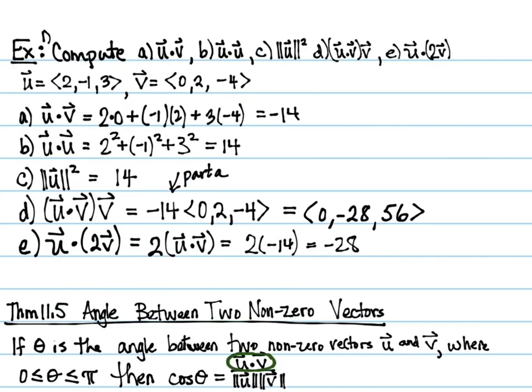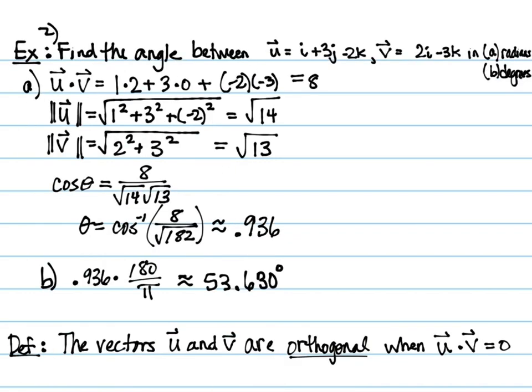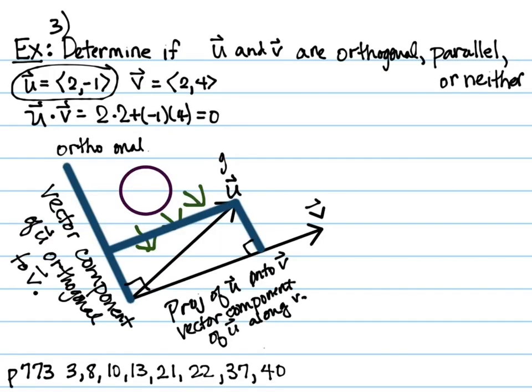We also covered the angle between them, theorem 11.5: the cosine of theta is the dot product divided by the two magnitudes multiplied. And the vectors are orthogonal when their dot product is 0. That's going to come back up in section 11.4.